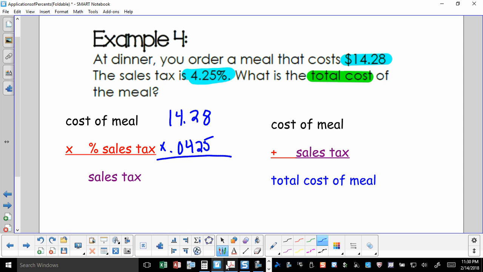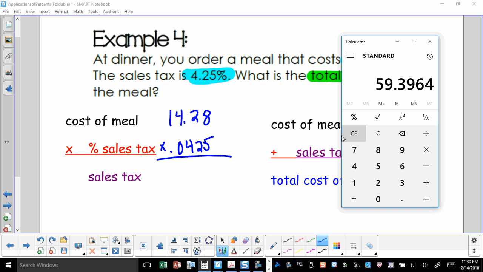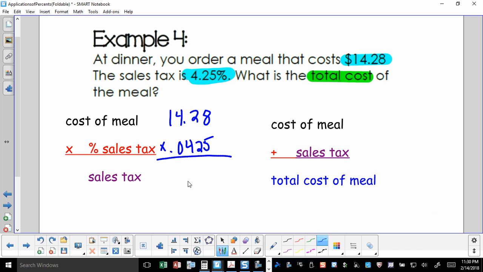So we're going to multiply 14.28 times 0.0425. So that's about 61 cents. So if we want to know the total cost of the meal, well, the cost of the meal was $14.28, and the sales tax was 61 cents.